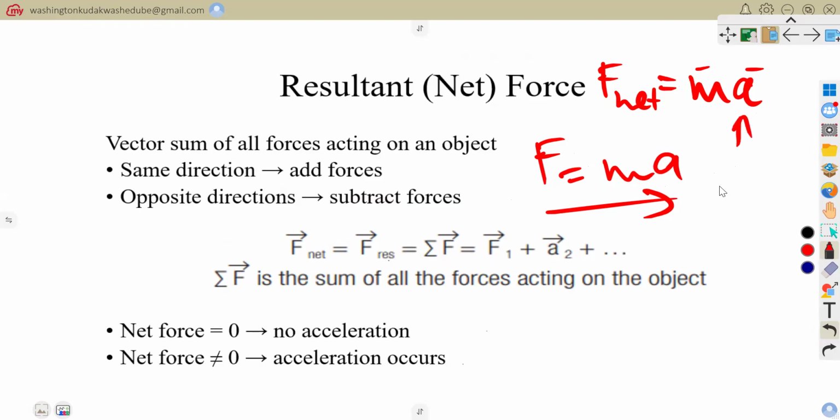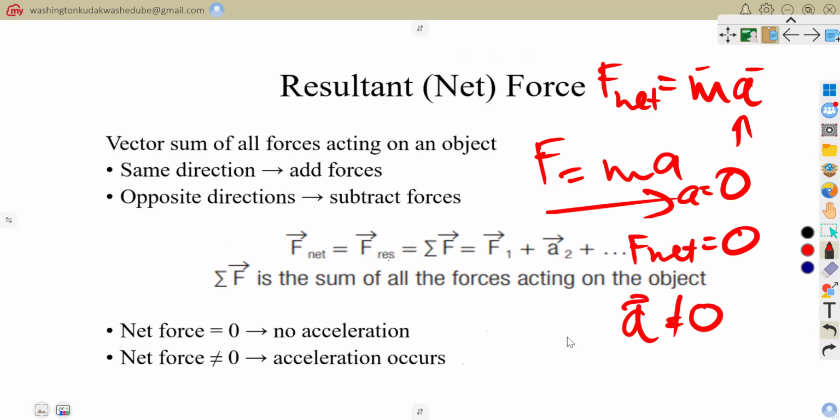Therefore, it means that when we have got acceleration being equal to 0, our F net will also be equal to 0. And whenever the object has got some acceleration where the acceleration is not equal to 0, it simply means that our net force is also not equal to 0.